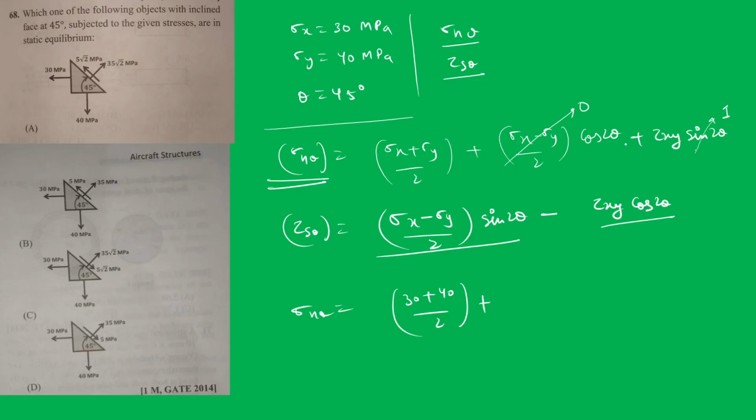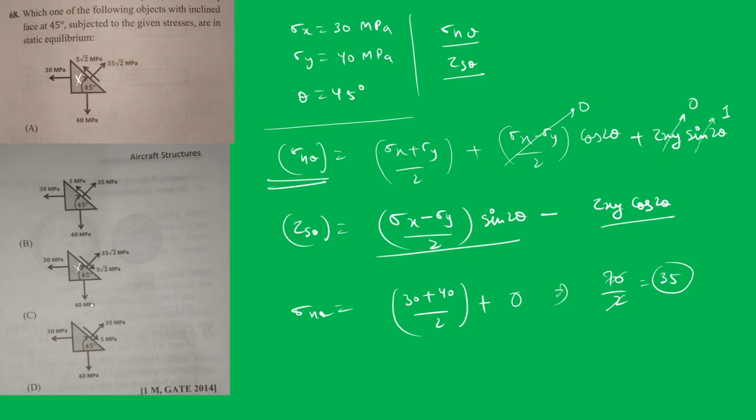But tau xy is not present there, so this will again become 0. So 30 plus 40 is 70 by 2, and this is equal to 35. So we have 35, 35.